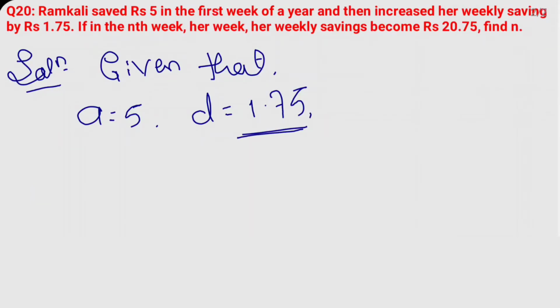So 1.75 is the common difference. In the nth week her saving becomes 20.75. So 20.75 is the nth term, and here we want to find out n, right? So how many weeks did she take to save Rs 20.75? Is it clear?